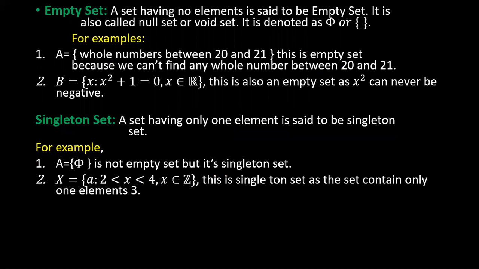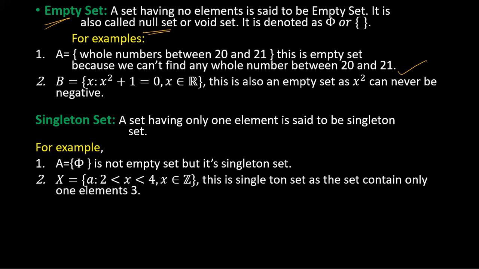Now the empty set. The word itself defines the meaning of empty set. Empty means nothing is there in the set. Completely null. This is also known as null set or void set. A set having no elements is said to be an empty set. I have given one example, whole numbers between 20 and 21. Obviously, there are no whole numbers between 20 and 21. So this is an empty set.